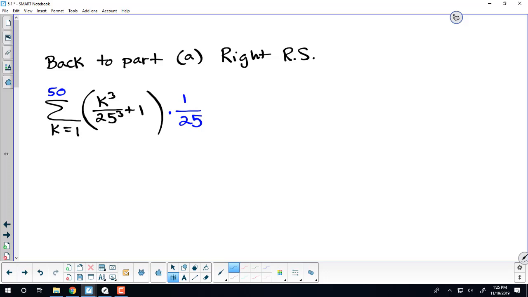Okay, and I probably don't have a preference at this time, but we'll put the 1/25th of delta x out in front of the summation.